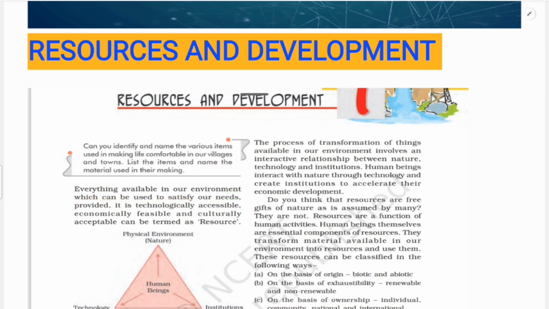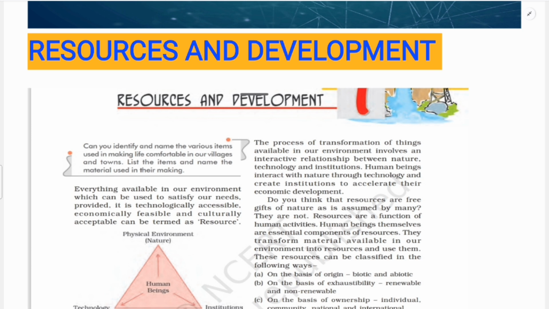Suppose our need is clothes, our need is house, our need is food. These all things are resource because it is used to satisfy our needs. These products are used to satisfy our needs.